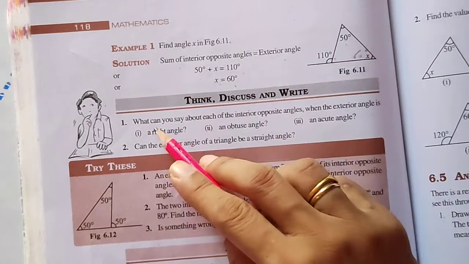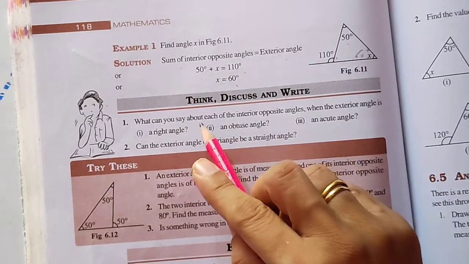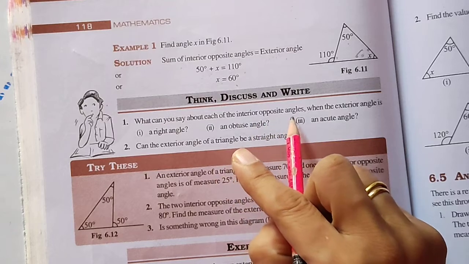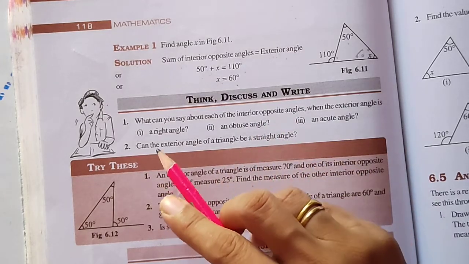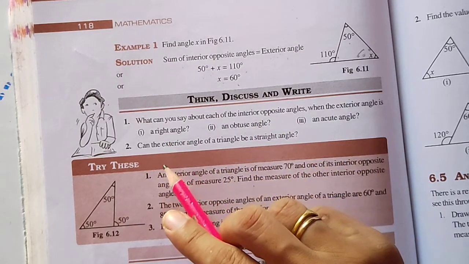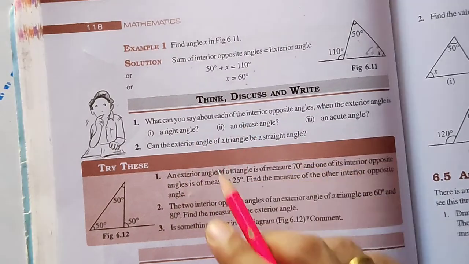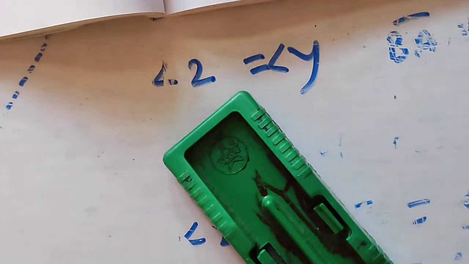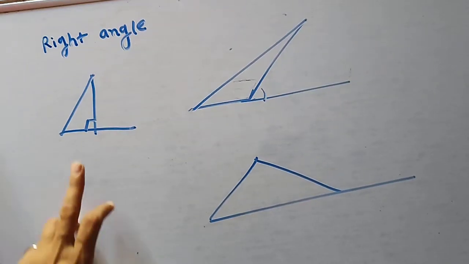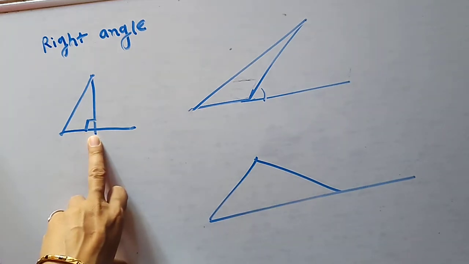Then what can you say about each of the interior opposite angles when the exterior angle is a right angle? See here in this figure, this is a right angle, this is the exterior angle.